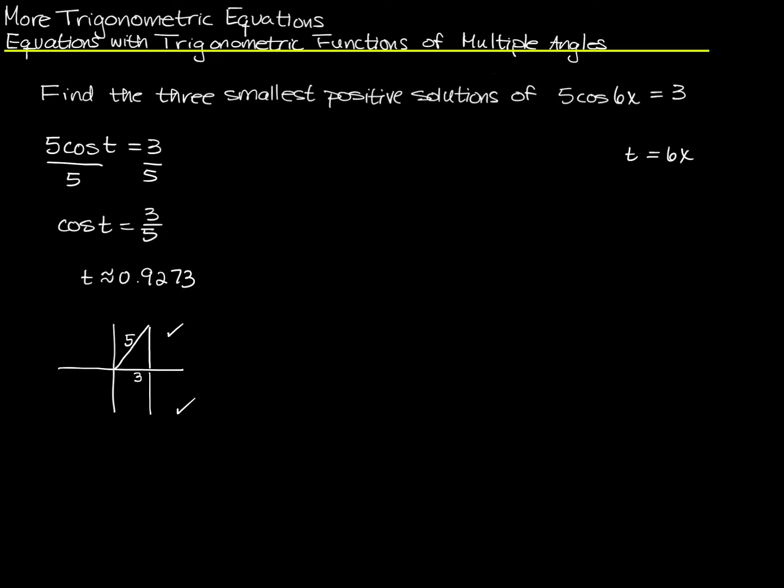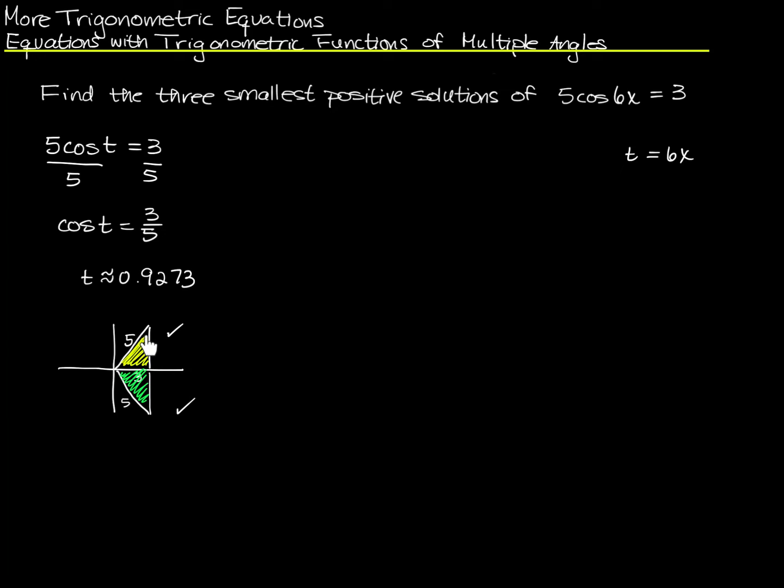In quadrant 4, it's also 3 over 5. And in both cases, the adjacent side is positive. Hypotenuse is always positive, the radius. So I also have an angle in quadrant 4 that has a cosine of 3 over 5. How do I get to it? Well, there are a couple of different ways, but I think the easiest way is to recognize that this triangle is the same size as this triangle.